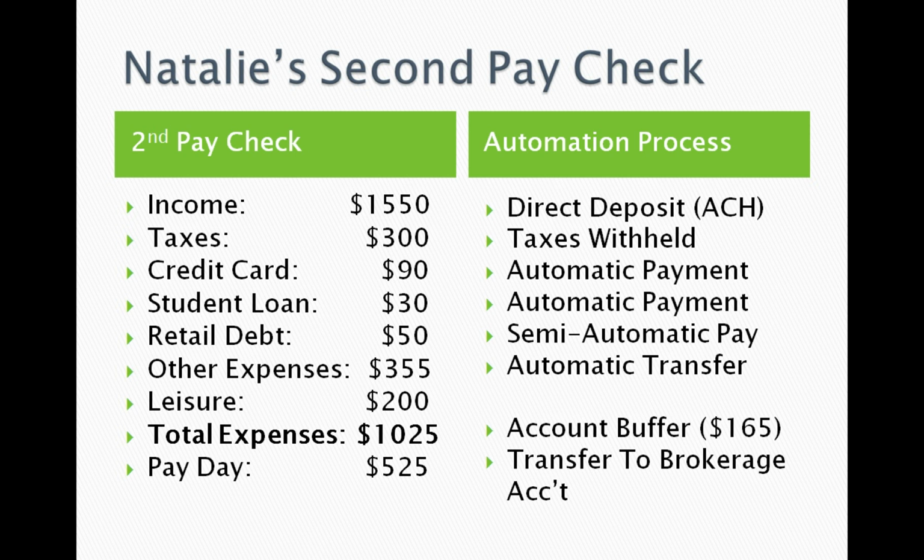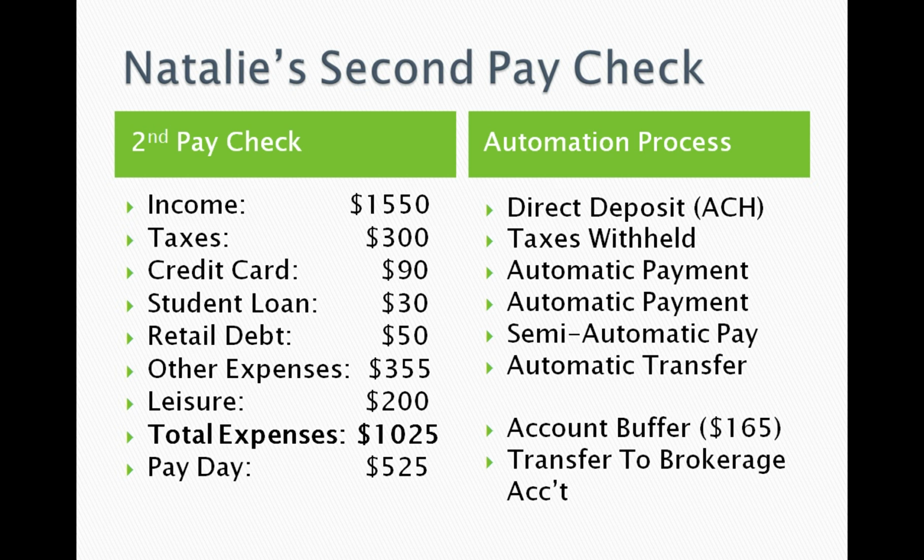Now on the second paycheck, essentially what we're going to do here is pretty much the same as what we did before. With the mortgage payment taken out of the first one, we're going to essentially do the same. It's going to be direct deposit into the account. Taxes are going to be withheld, and then we're going to pay for the credit card, student loan, and the retail debt.